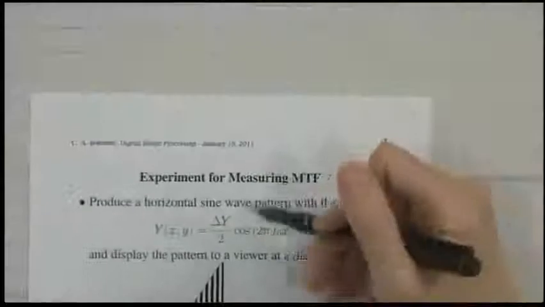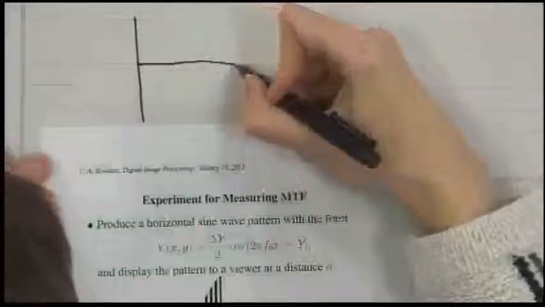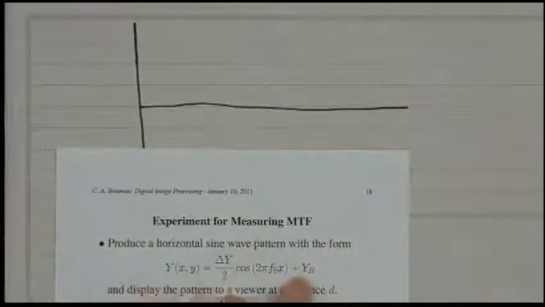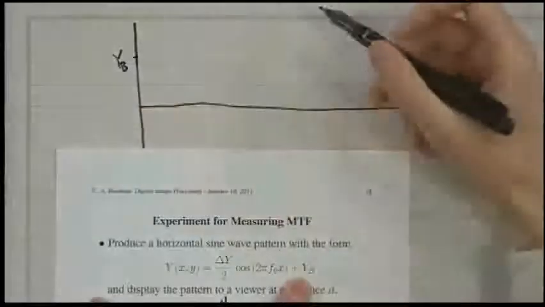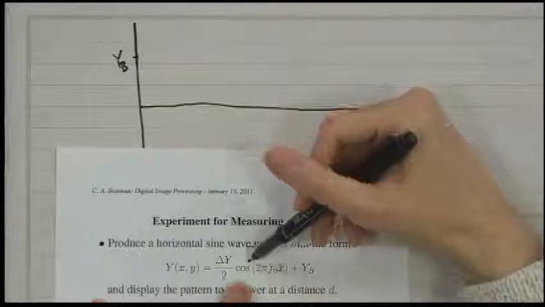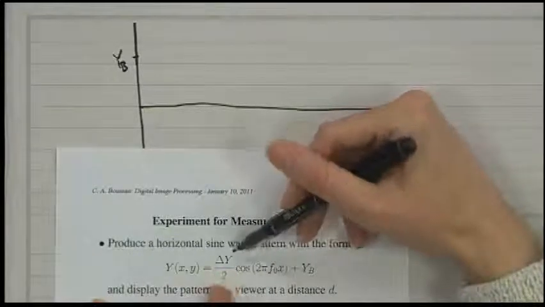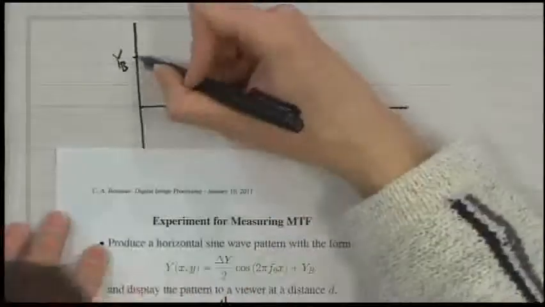Okay, so I'll just draw a quick picture of this function. Maybe I should have scaled it up a little bit. It's a sinusoid that has an offset of yb, and the luminance varies sinusoidally, and the peak-to-peak value of this variation is this delta y.